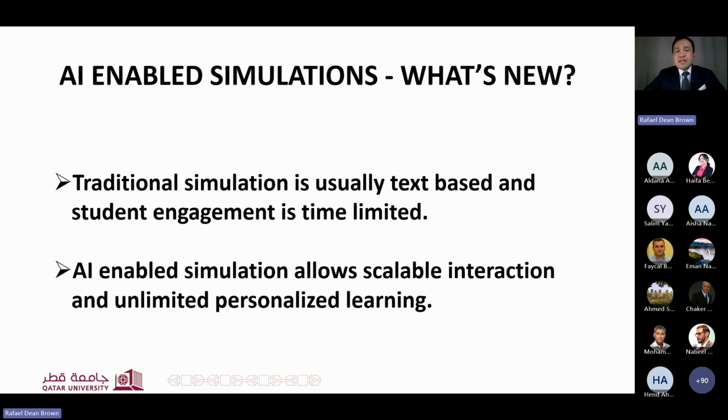In addition to it being text-based, the simulation itself has a lot of limits, including the time that students or participants have to engage with it, because the way it's typically done requires a lot of planning and a lot of pre-written text scripts for you to actually play out in real time. Now, the AI-enabled simulation allows for scalable interaction, and it also allows for unlimited personalized training.